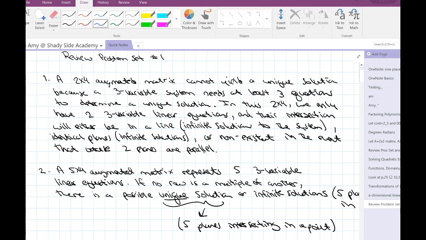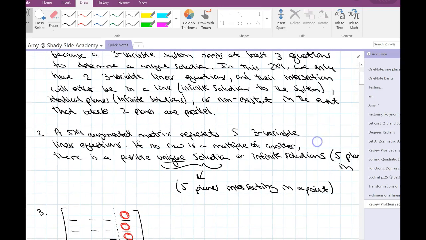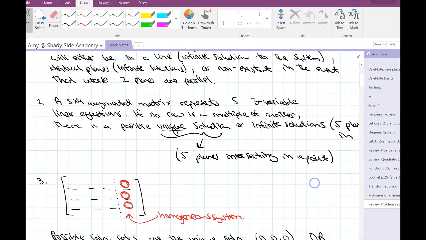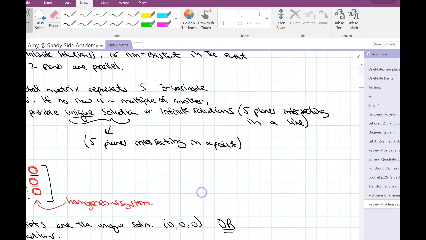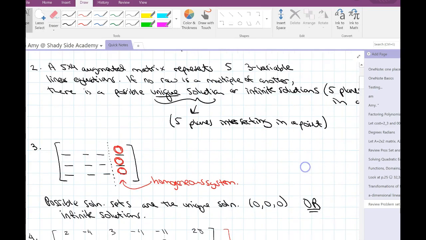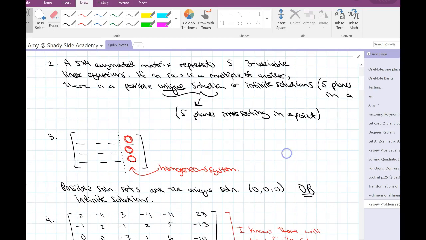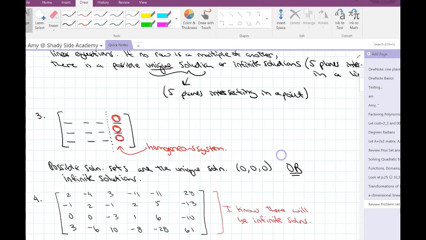A 5 by 4 augmented matrix represents 5 three-variable linear equations. I wrote, if no row is a multiple of another, there is a possible unique solution, in which case the 5 planes intersect in a point, or there are infinite solutions, 5 planes intersecting in a line. Question number 3 about the homogeneous system.